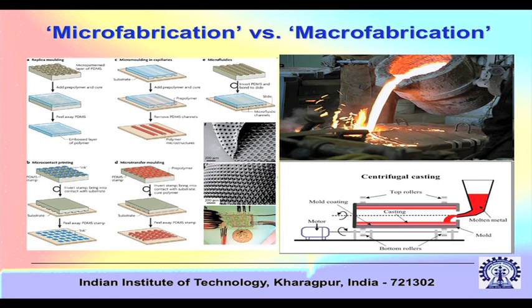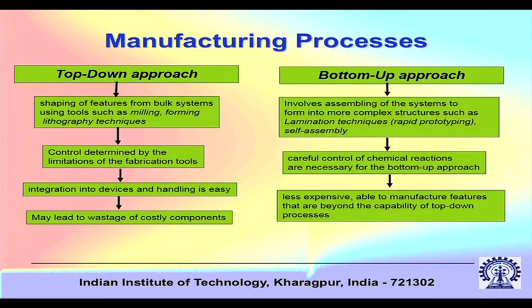Now you have to realize that when we are thinking about manufacturing over small scales, you are not directly using those processes, but some of the concepts might be closely associated. When we are talking about a manufacturing process, we are essentially interested in two types of possibilities.